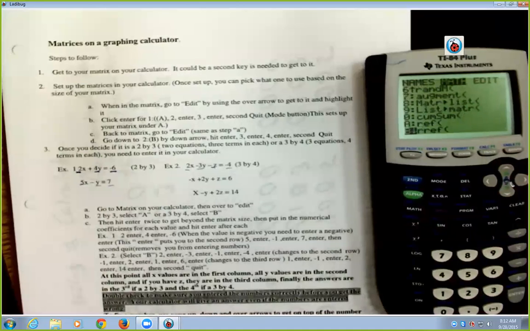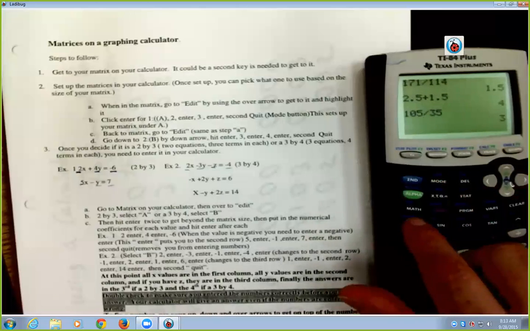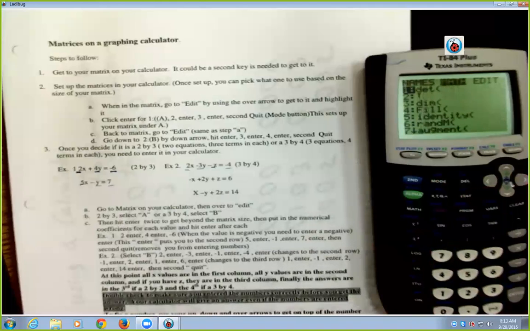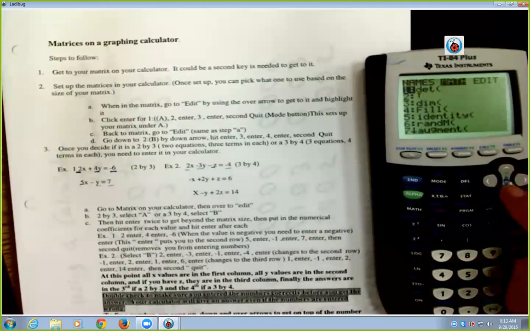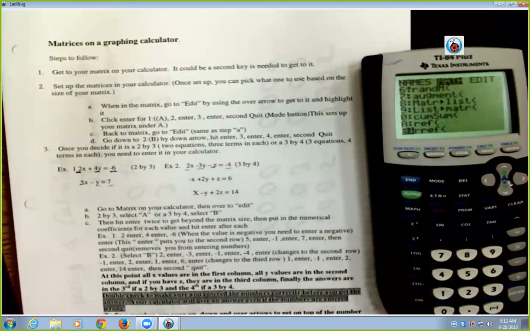Everybody down to that? No? So how I got there, should I get out of here and show you one more time? Okay, how I ended up there is I went second matrix over to math, and then I down arrowed until I made it to B, okay?